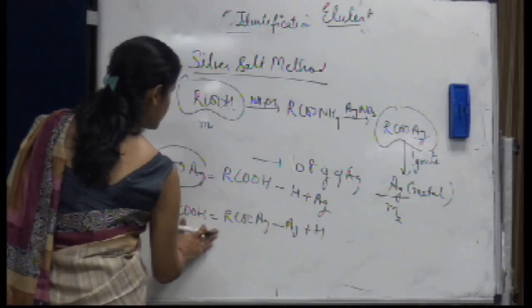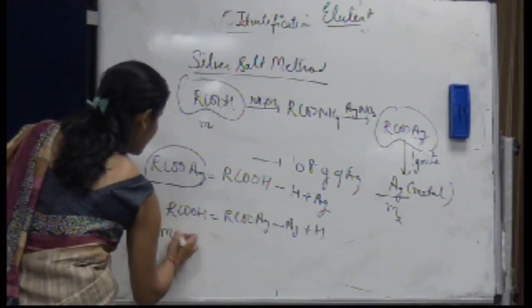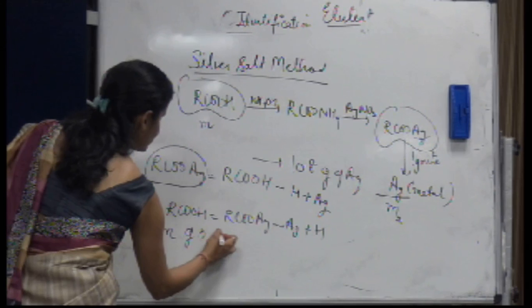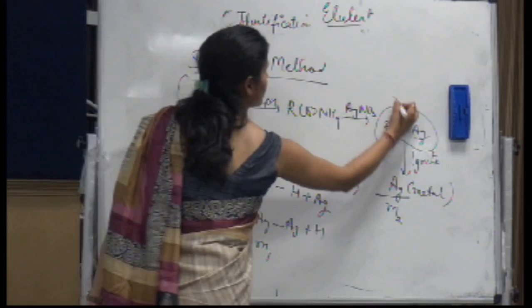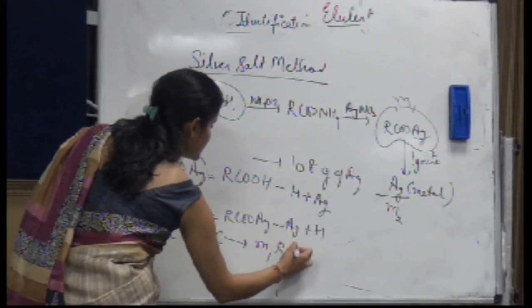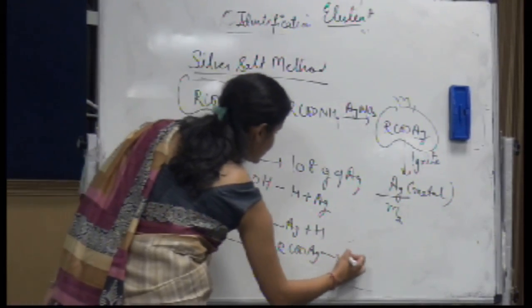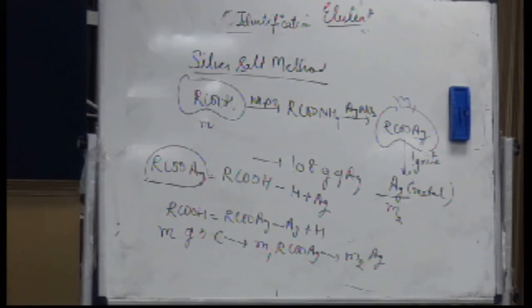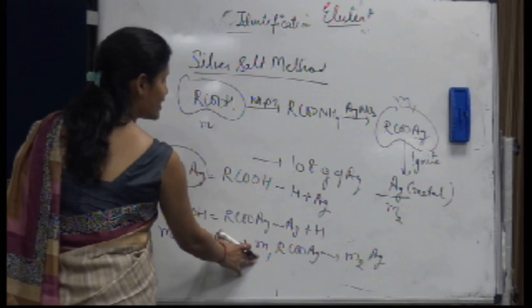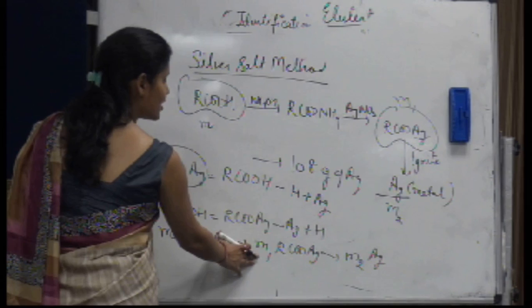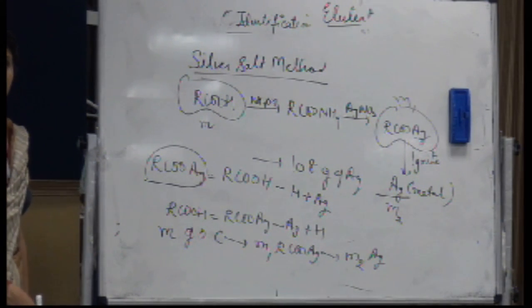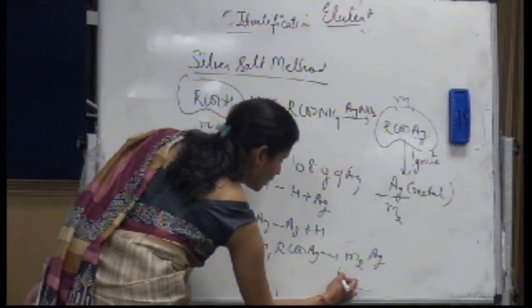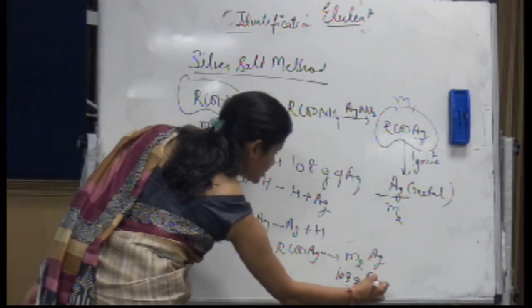That means if m amount of organic compound gives m1 amount of RCOOAg, which gives m2 amount of Ag, right? So if m1 amount of this salt gives m2 amount of silver, what would be the amount given by 108 grams of Ag?